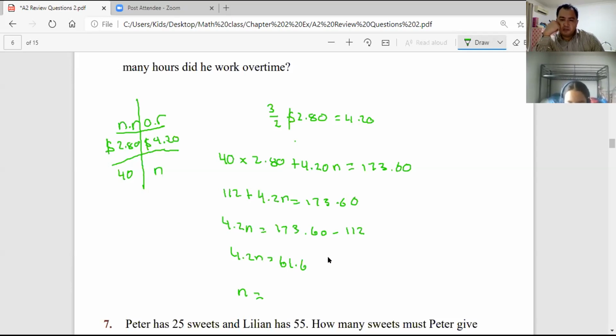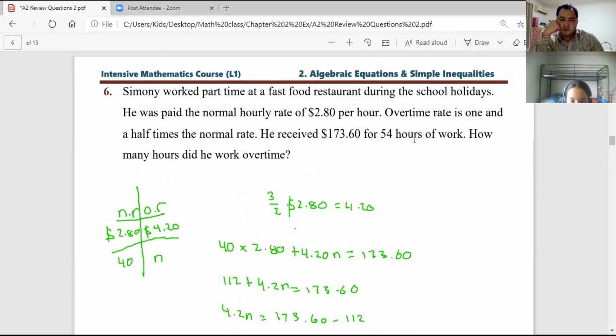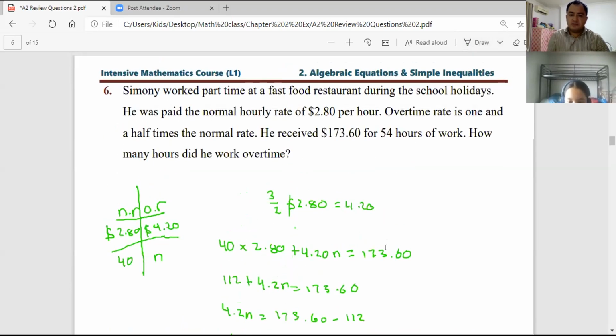Can you move up, Shahina? Let's scroll up and see the question first. Shahina, we actually made a mistake here. I didn't see this one.